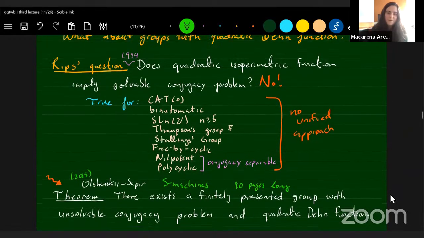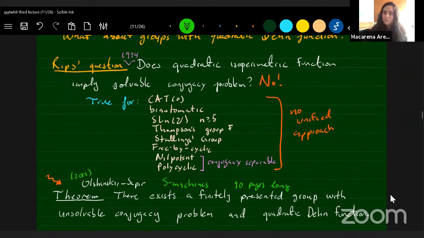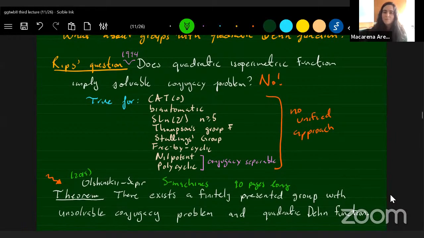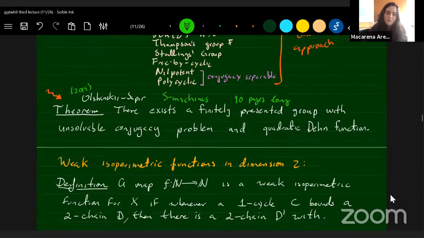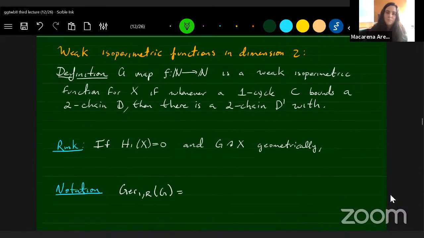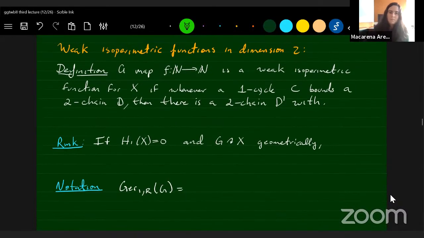Okay, so maybe this is a good time to change topic again because the conjugacy problem is becoming too complicated. So now let's talk about weak isoperimetric functions.